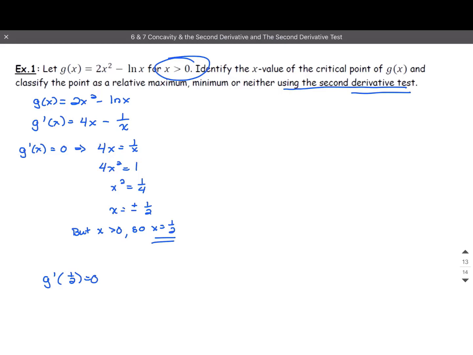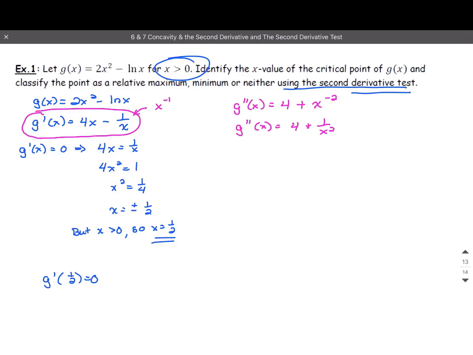Now, let's get our second derivative. We need to take the derivative of the derivative. The derivative of 4x is 4 minus, now remember, this is x to the negative 1. So the derivative of x to the negative 1, we bring down the negative 1, keep the x, raise it to the negative 2. So this is really 4 plus 1 over x squared.